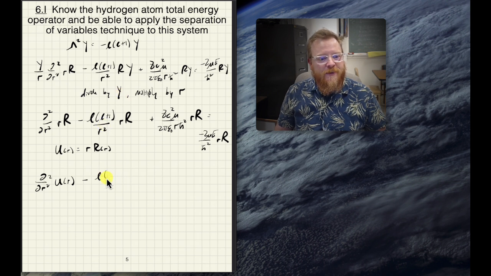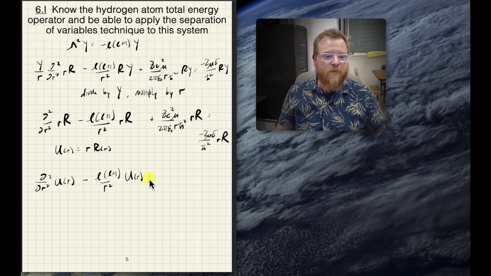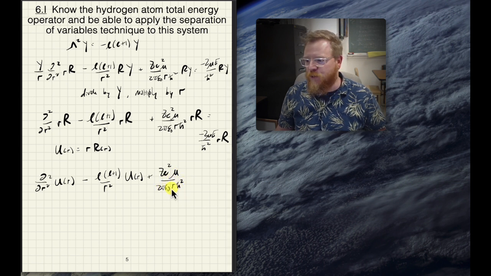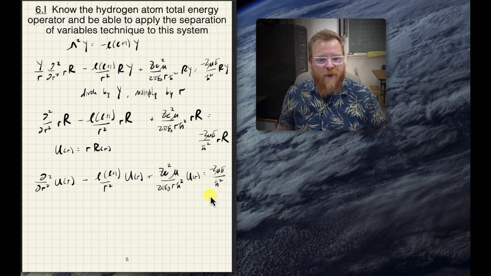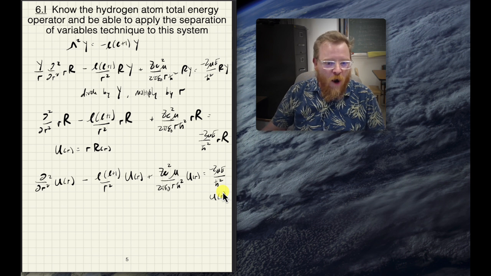Okay, so now that's minus L times L plus 1 over r squared times u of r, plus all of those constants, Ze squared mu over 2 pi epsilon r h bar squared times u of r, and all of that equals negative 2 mu e over h bar squared times u of r.